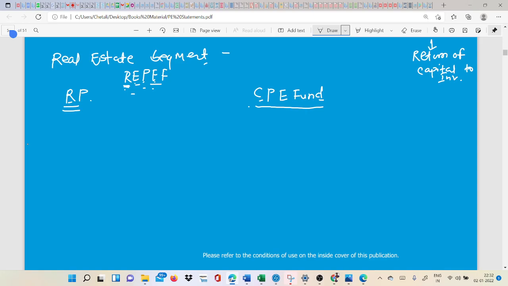Why is it important? Because here you cannot calculate the net asset value per unit very easily. It's very difficult, because most of the projects are work in progress, and only then do you do the funding to complete that project.